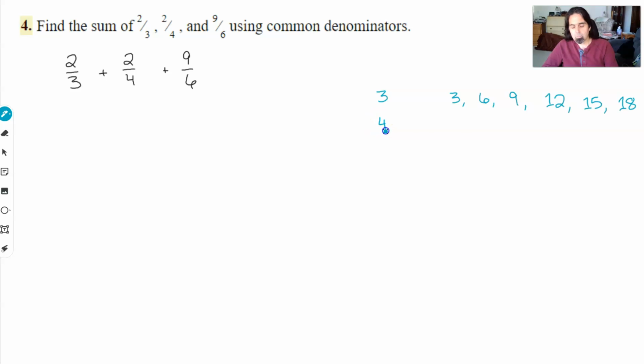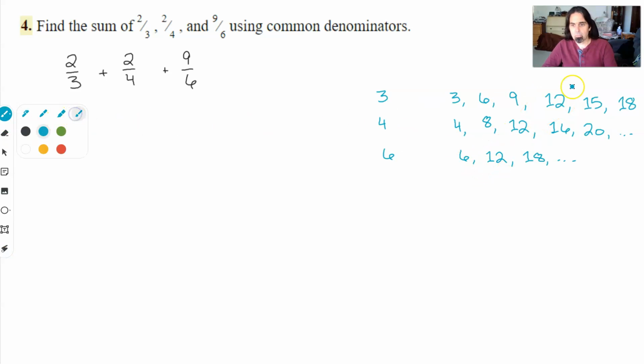For 4, we have 4, 8, 12, 16, 20, and so on. And for 6, we have 6, 12, 18, and so on. And we can see that 12 is on all 3 lists, so that's the one we want.